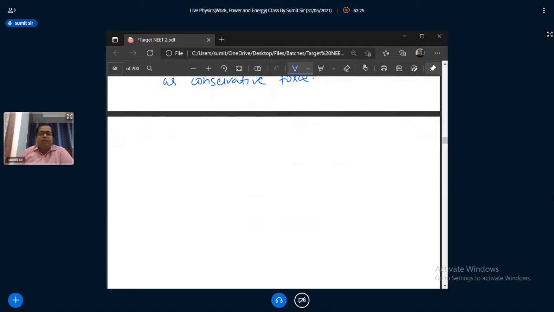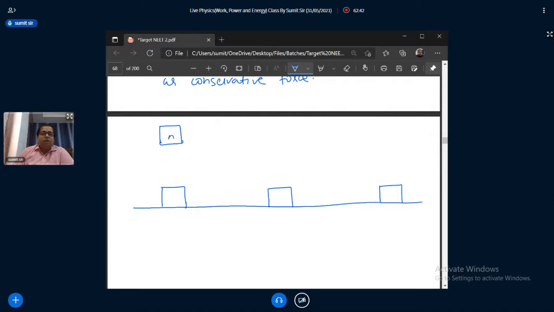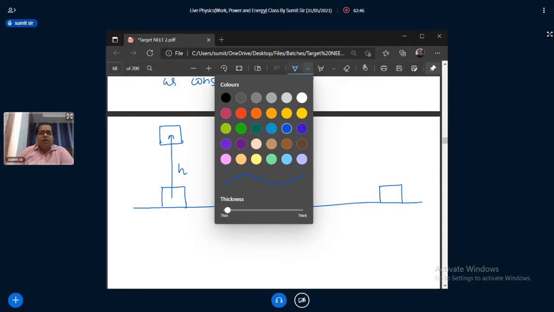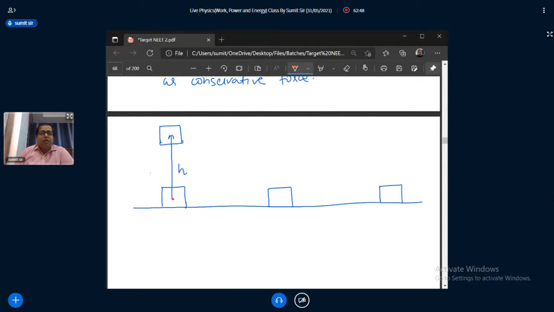What is the meaning of this? Suppose we have a block and you displace it by some external force to a height. So the work done by mg, if I calculate, mg is acting downward and the displacement is upward.